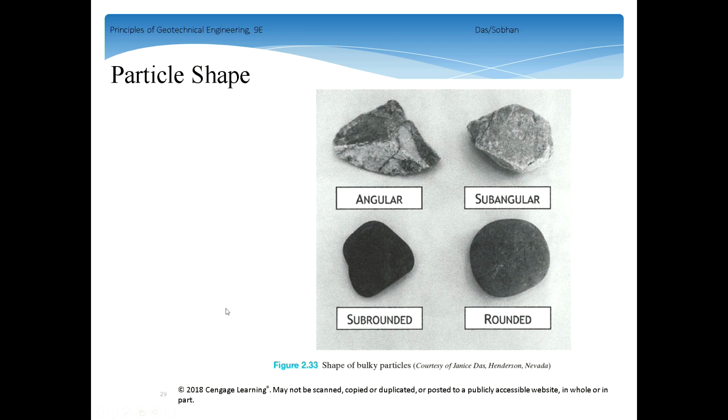While we study particle shape, it is already a research branch in soil mechanics, because different particle shapes, when those particles get together, will cause different shear strength. Sometimes there is particle breakage.